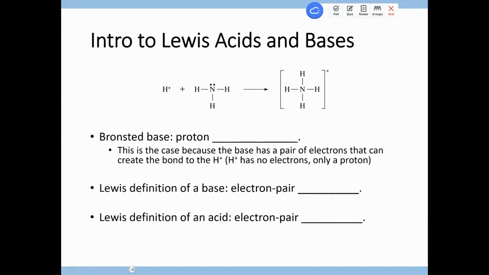So the Bronsted base is called the proton acceptor. That's what we've labeled it as. And the base can accept a proton, can accept that H+, because it has available electrons to create a bond to the H+.